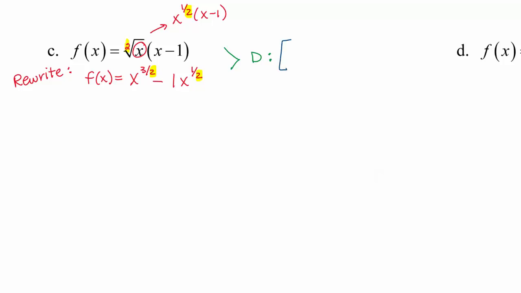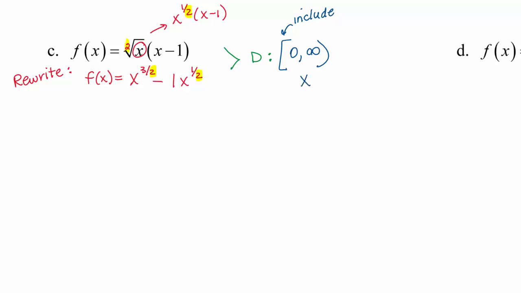So in this one, I would say include 0 to infinity because I can take the square root of very large positive numbers. The only numbers I cannot take the square root of are negative.